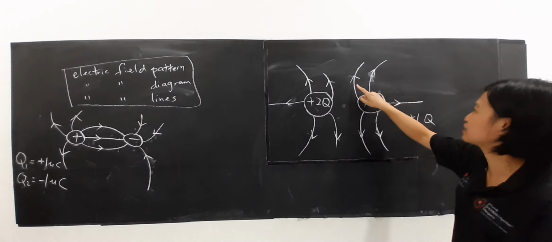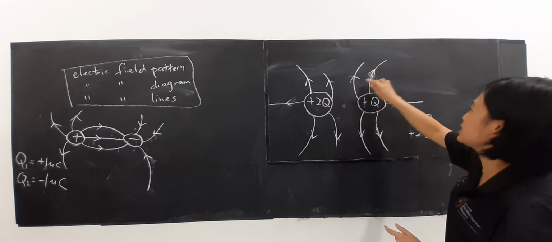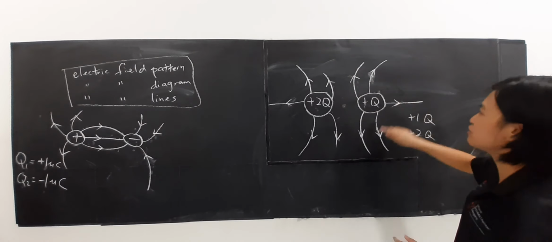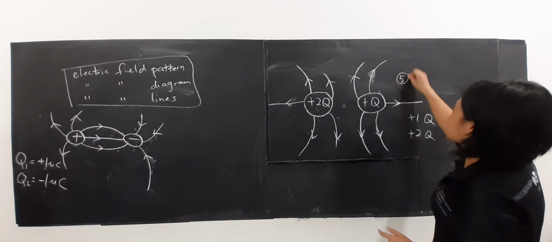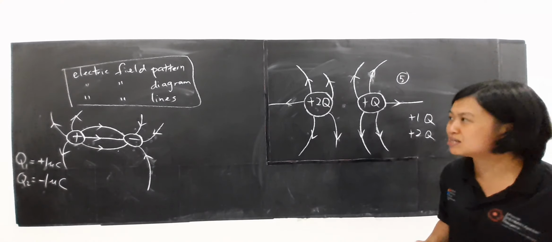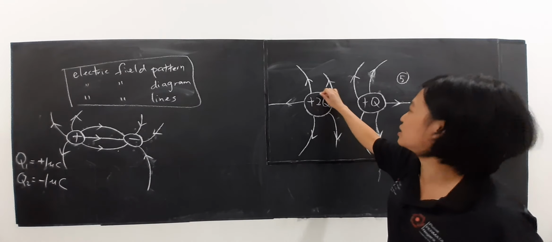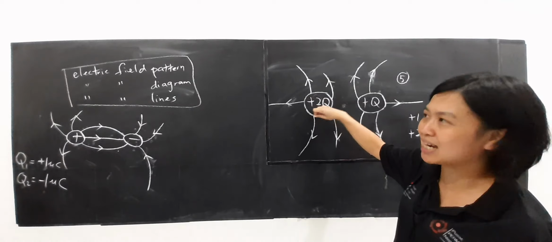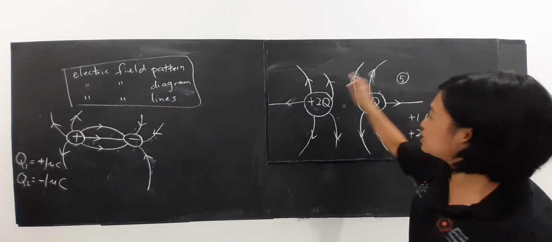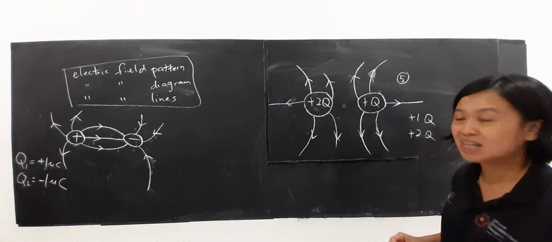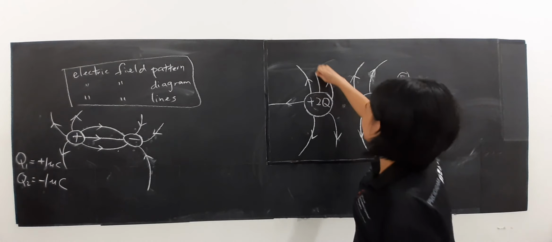Double means, for example, you draw 5 here: 1, 2, 3, 4, 5. The lines here you draw 5. Here it is 5 times 2, double, which should be 10. So you should draw 10 lines here.